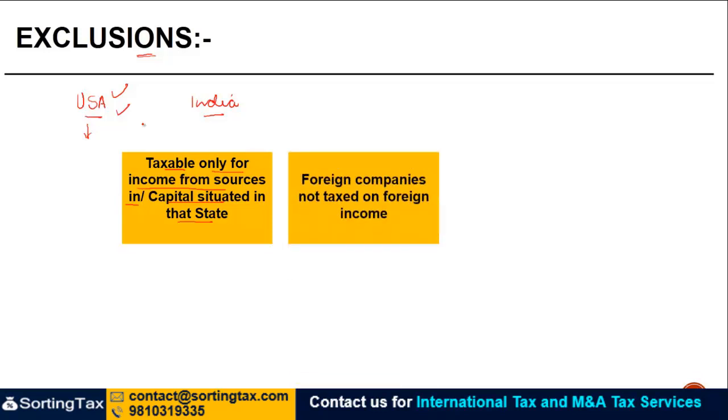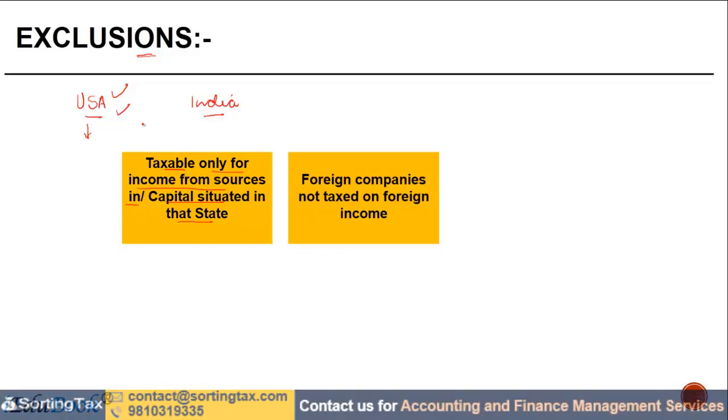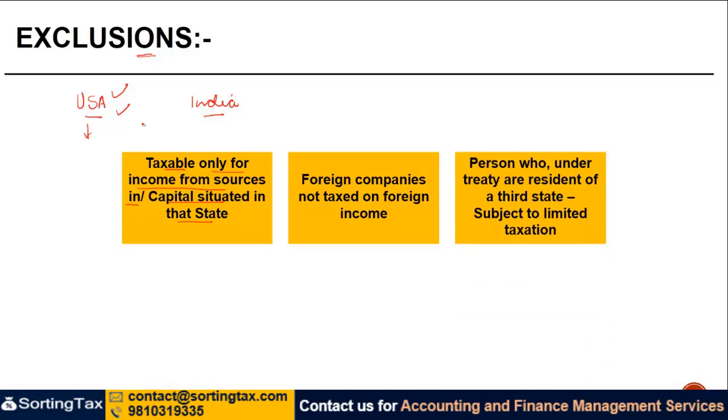Foreign companies which are not taxed on foreign income are generally not considered residents of those states. Let's say again there's a foreign company which is UK based and derives some income from the US, and they are not taxed in the US on their foreign income. Then for India-US treaty purposes, they will not be considered a resident.